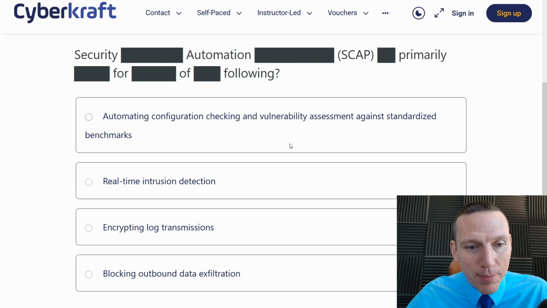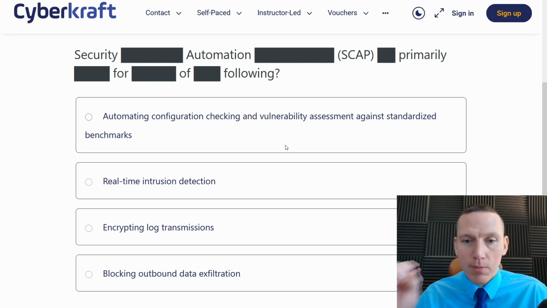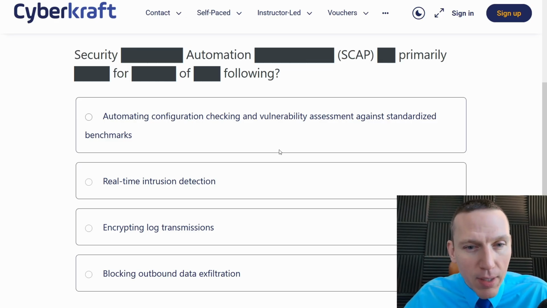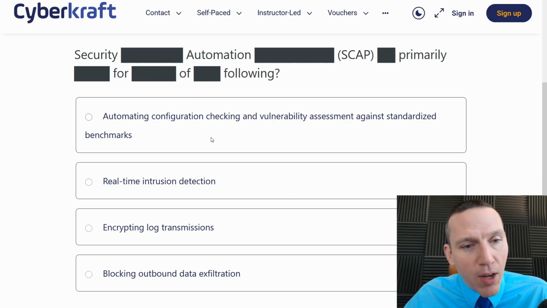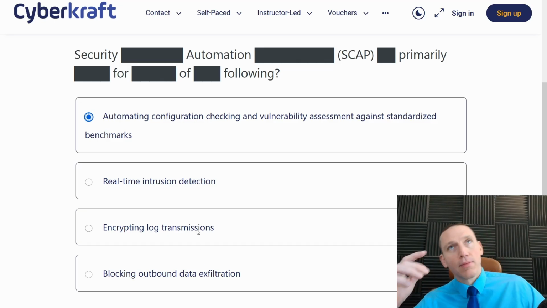And I believe SCAP is used with logs to communicate the log files to like a SIEM device. Or is it not? Wait. Automate configuration, checking, and vulnerability assessment against standardized benchmarks. That sounds correct too, actually. Real-time intrusion detection, encrypting log transmissions, blocking outbound data exfiltration.